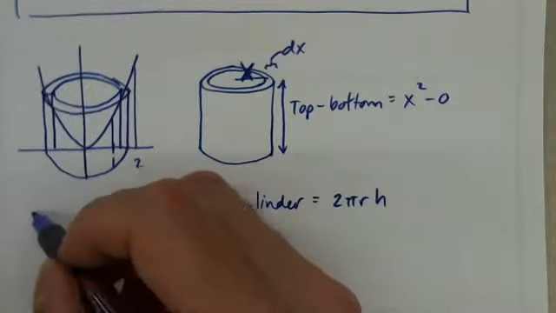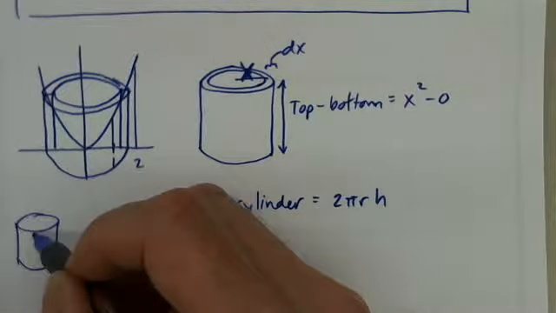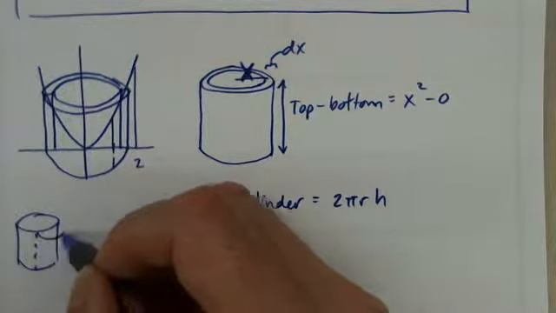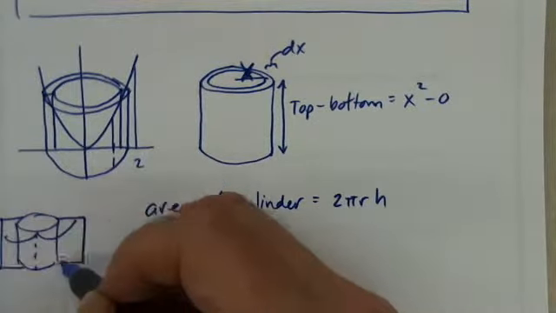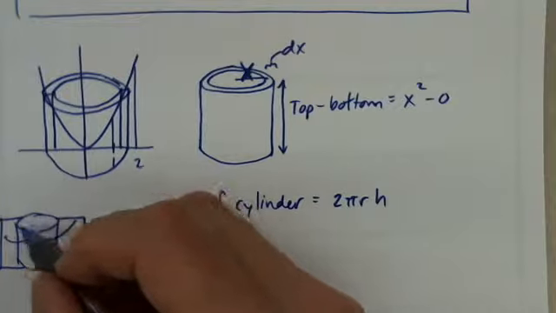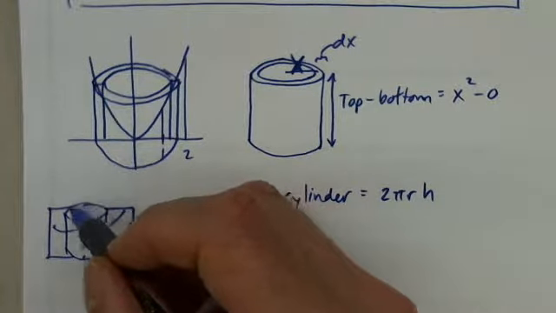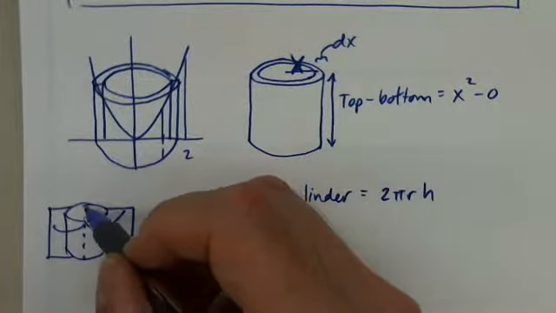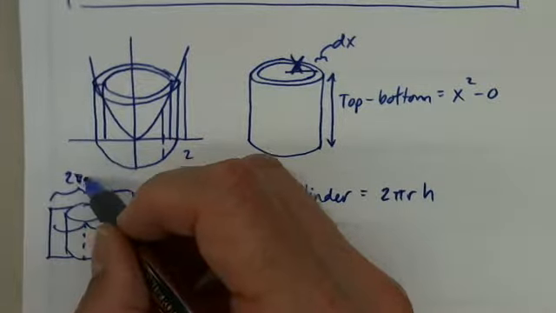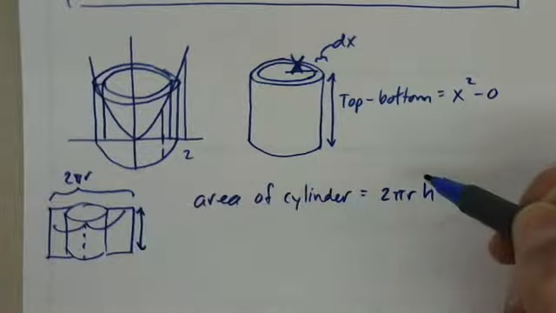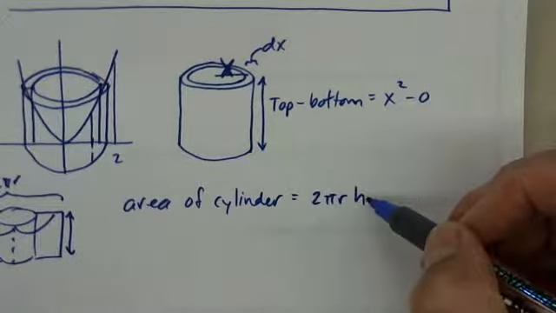The distance around the cylinder is 2 pi r, and then we just have to go times height. So 2 pi r h.